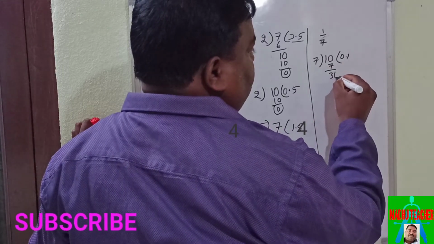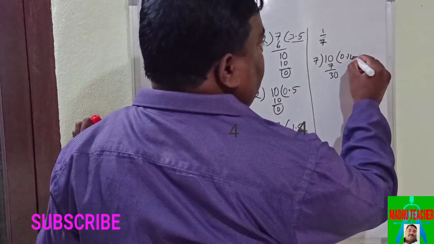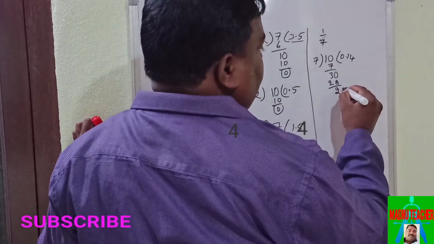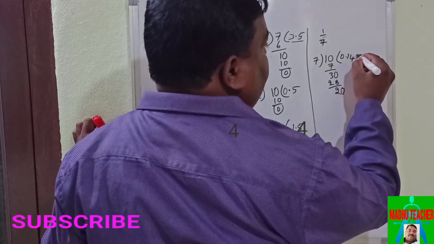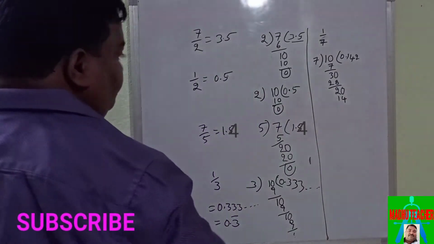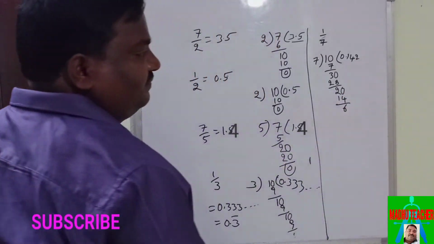So we get 30. 7 4s are 28, we get 2 remainder. So we get 20. 7 2s are 14, we get 6 remainder.